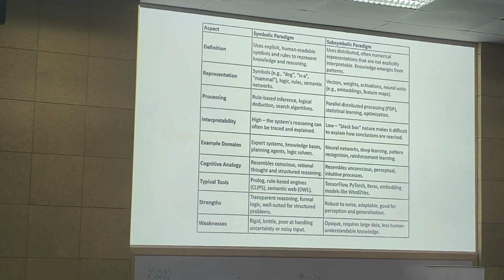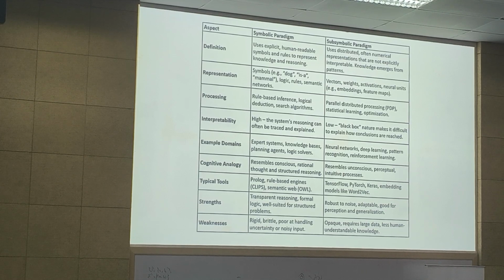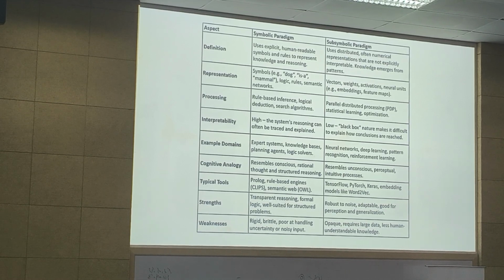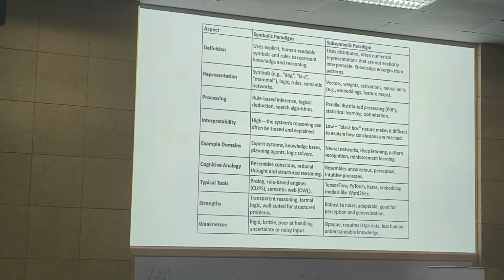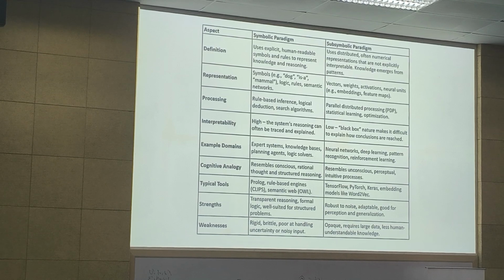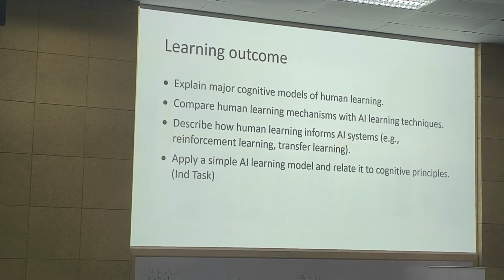So we went on talking about the different representations or different aspects of this paradigm. Okay, and we looked at the definition, processing, examples, analogy, strengths, weaknesses, and so on. Okay, and moving on to topic 7, we look at learning.